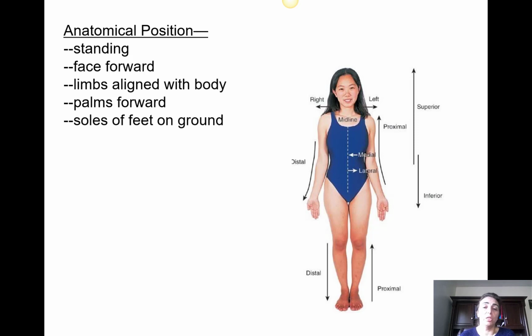So in this position, the head is always on the top of the neck. The neck is always on the top of the center of the body that we call the trunk, right? Upper extremities are to the sides compared to the center of the body, right?